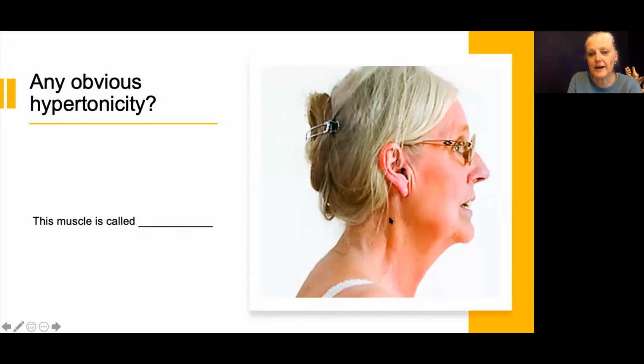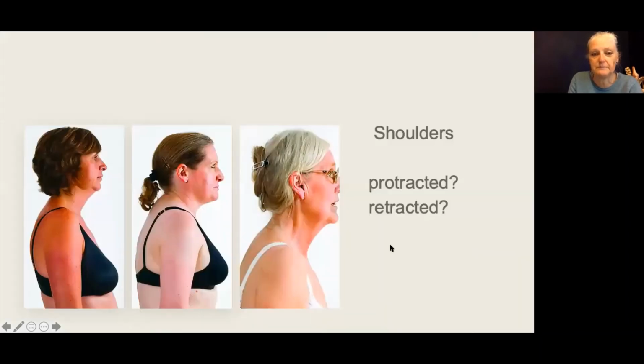So she was always craning her head to one side to try and hear people. The side she was craning towards was the other side, because she could hear out of the left ear but not the right. And if you remember, sternocleidomastoid rotates you to the opposite direction. So it was very interesting seeing her and talking to her about why she might have this hypertonic muscle on that side of her body.